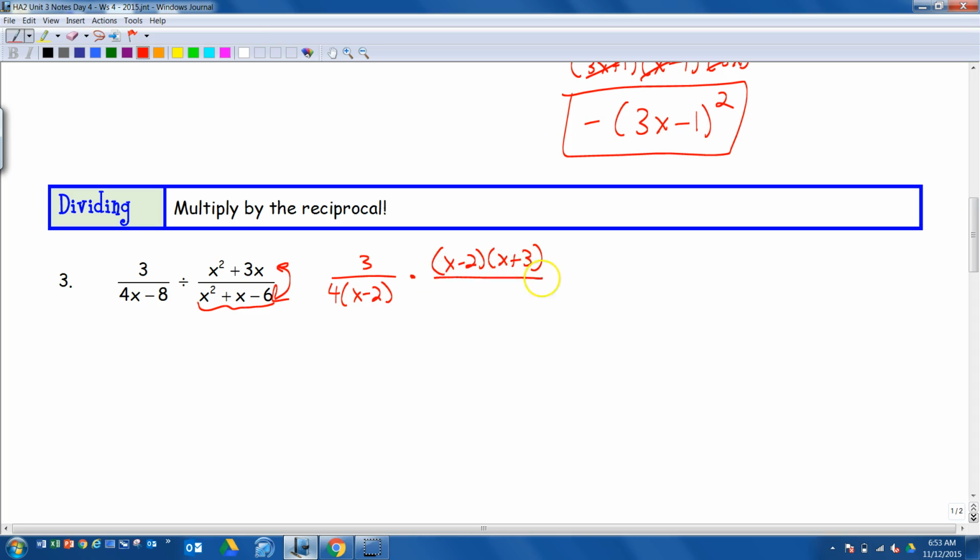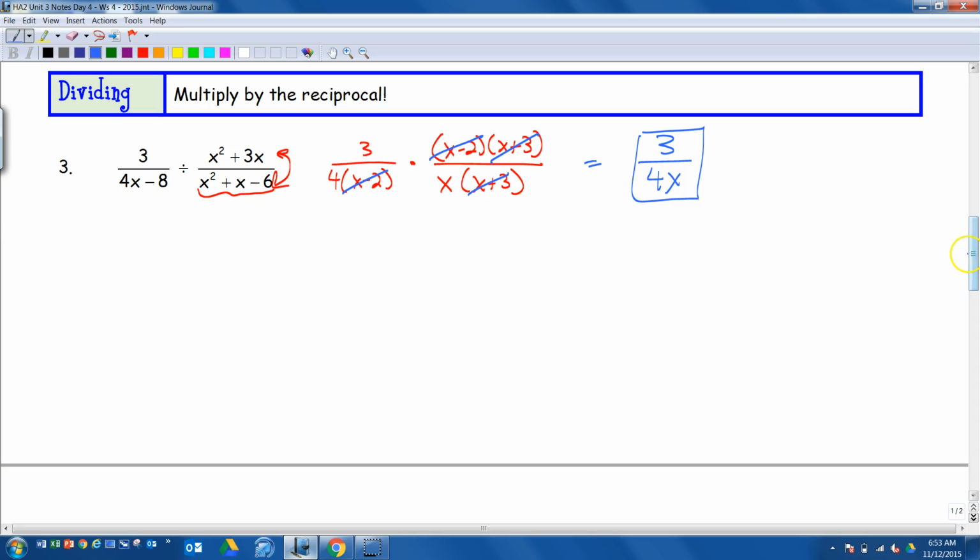That gives you a negative 6 and a plus 1. The bottom, you can take just an x out, and you're left with an x plus 3. Alright, so what can we cancel? We can cancel these x minus 2s out, and we can cancel the x plus 3s out, and we're left with a 3 over 4 times x.